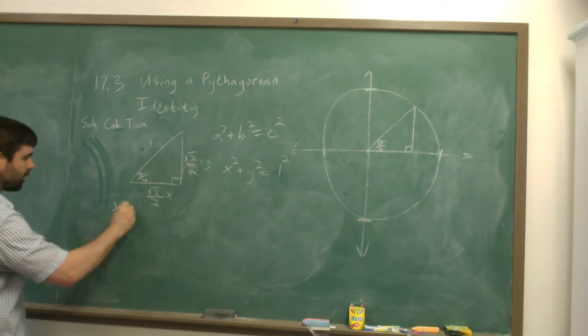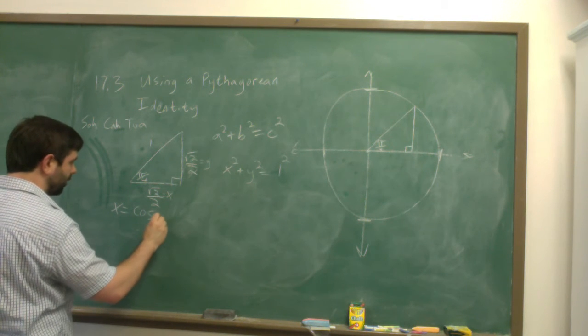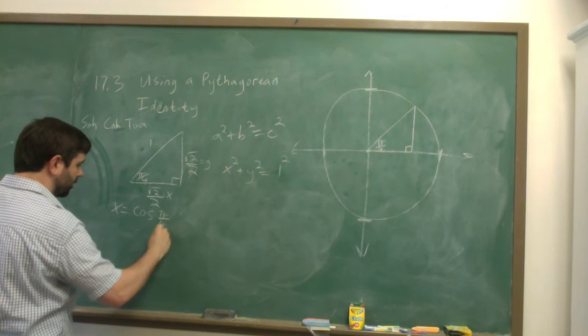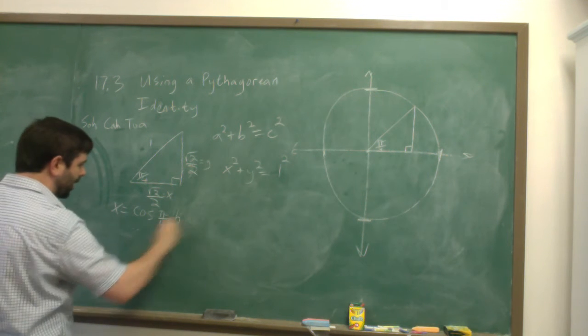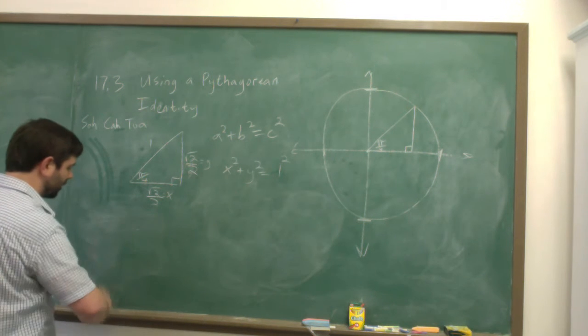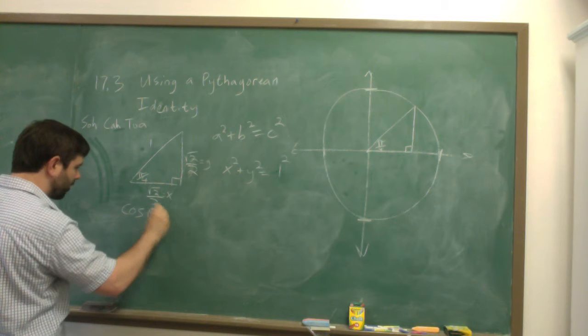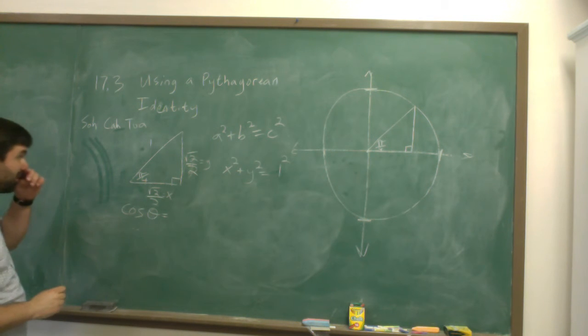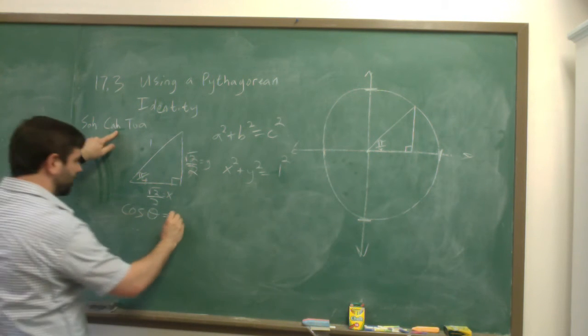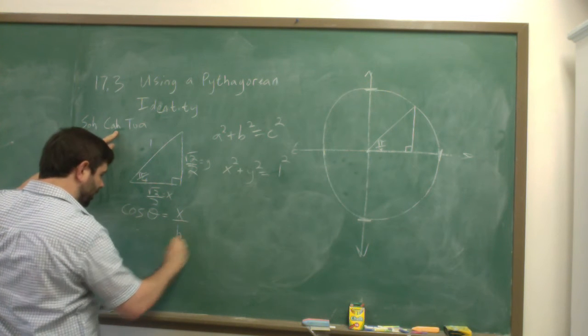The cosine of our angle theta equals adjacent over hypotenuse, which is x over h.